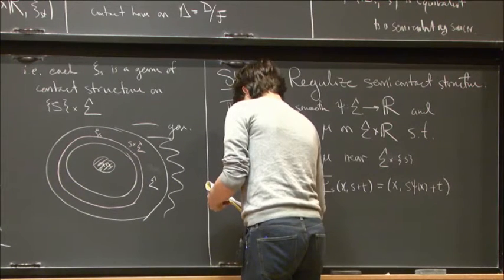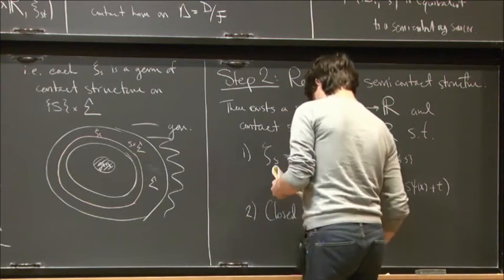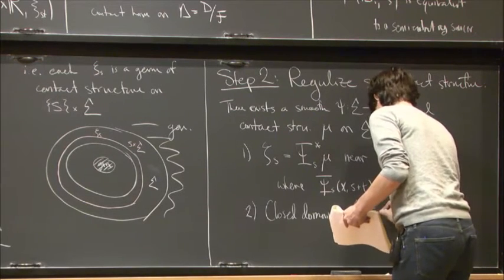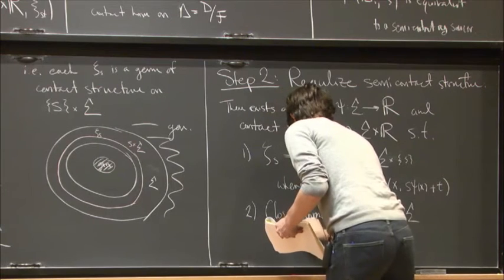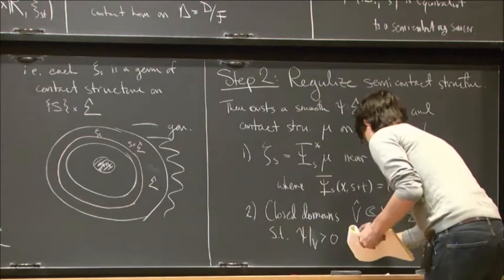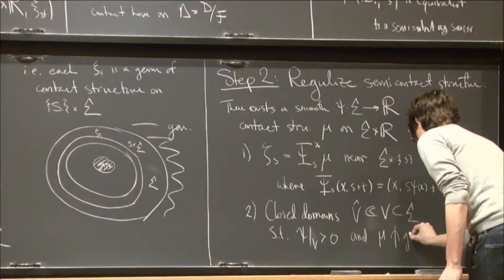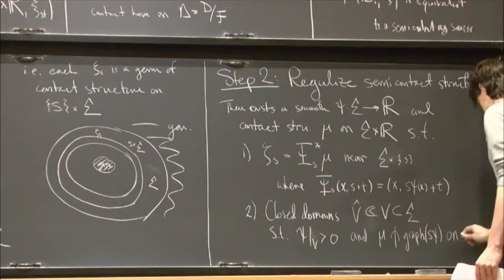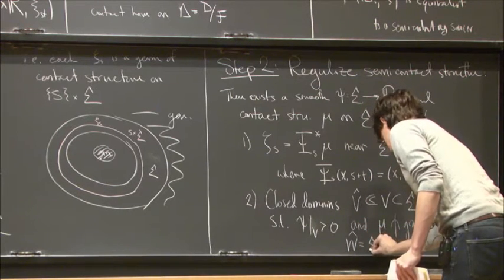And two, you have closed domains V hat proper subset V subset of M such that psi is positive, related to V is positive, and this contact structure is transverse to the graph of S psi on W hat, which is sigma set minus V hat.